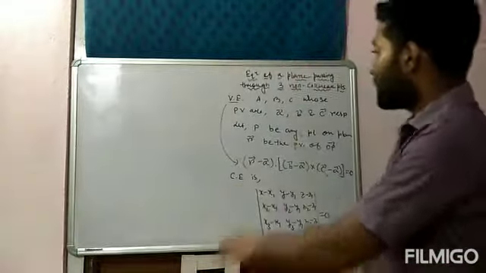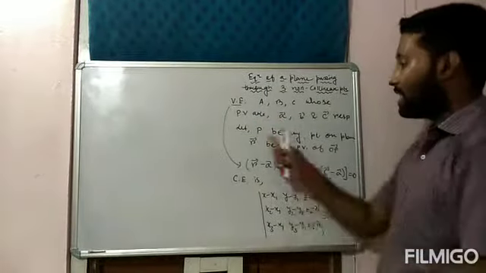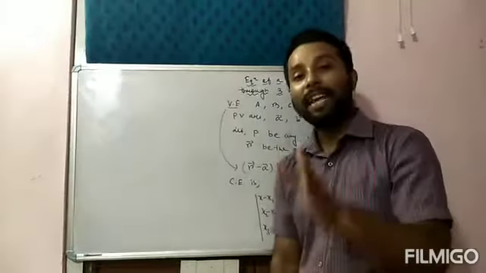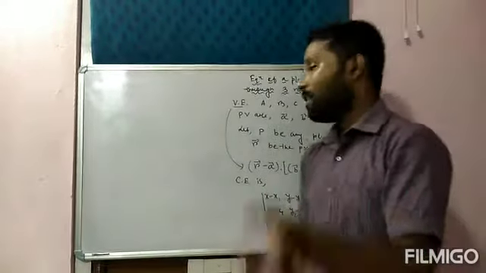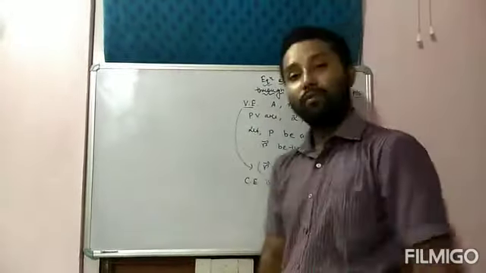So these are the 2 equations, vector equation and Cartesian equation of the plane passing through 3 non-collinear points. Now I will give one example of these 2 equations.